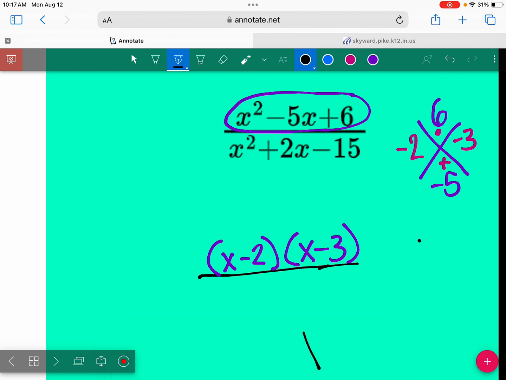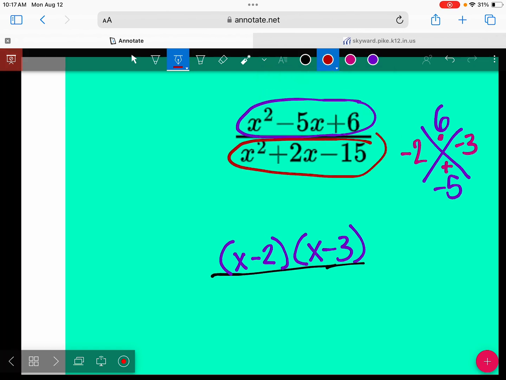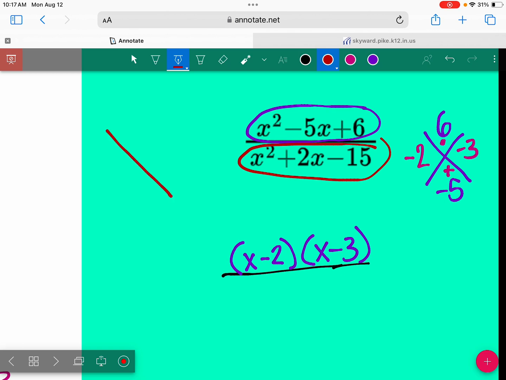Then we're going to do very similar for our denominator. Just need to change colors. Let's take red. Yeah, that shows up decently. So similar vibe for our denominator here. A times c is negative 15. B is 2. What is our pair of numbers that multiplies to make negative 15 and adds to make positive 2?